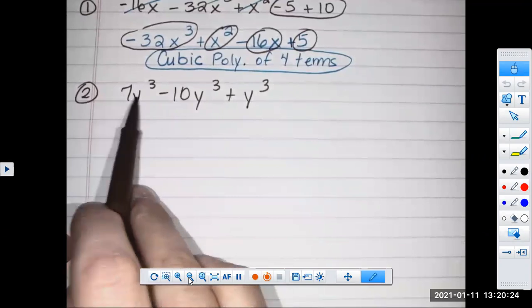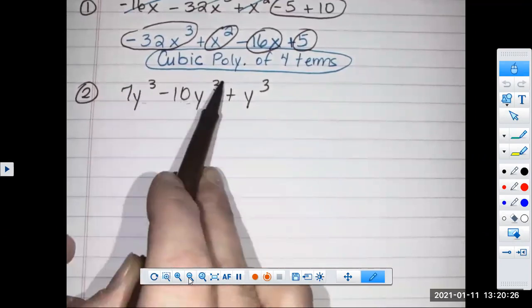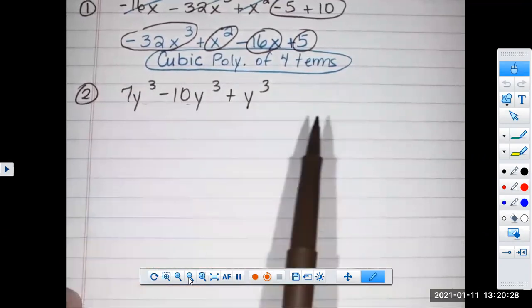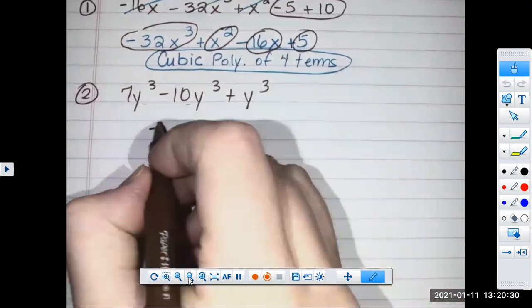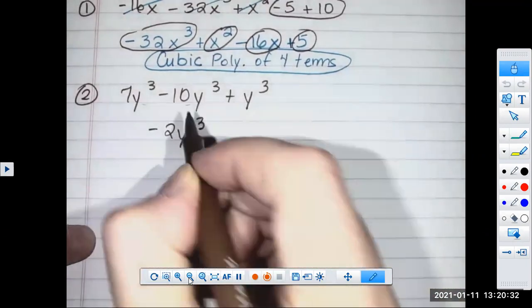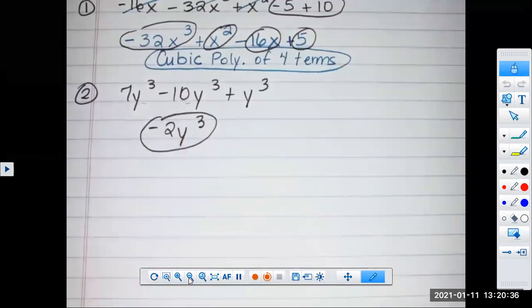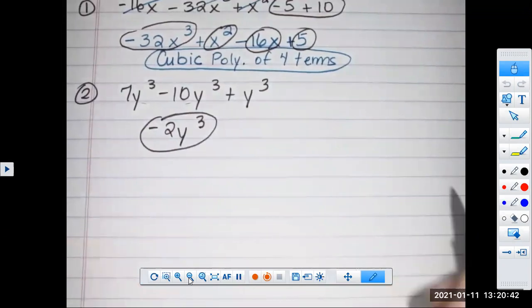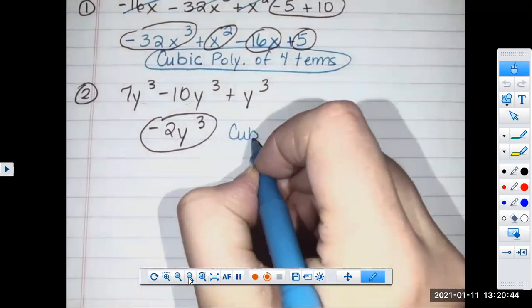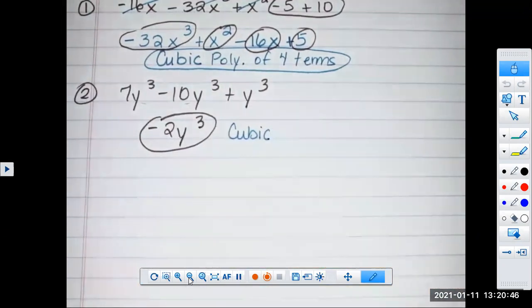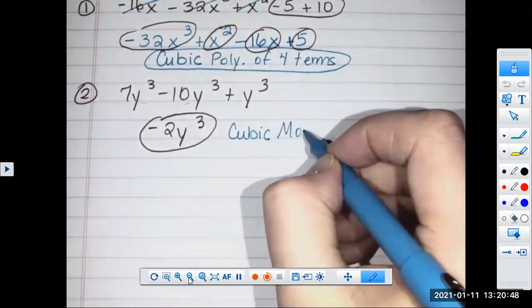Good. 7 minus 10 will give you negative 3y cubed. Plus one more will give you negative 2y cubed. So here it is in standard form. It's only how many terms? What's its degree? So it is a cubic. There you go, cubic monomial.